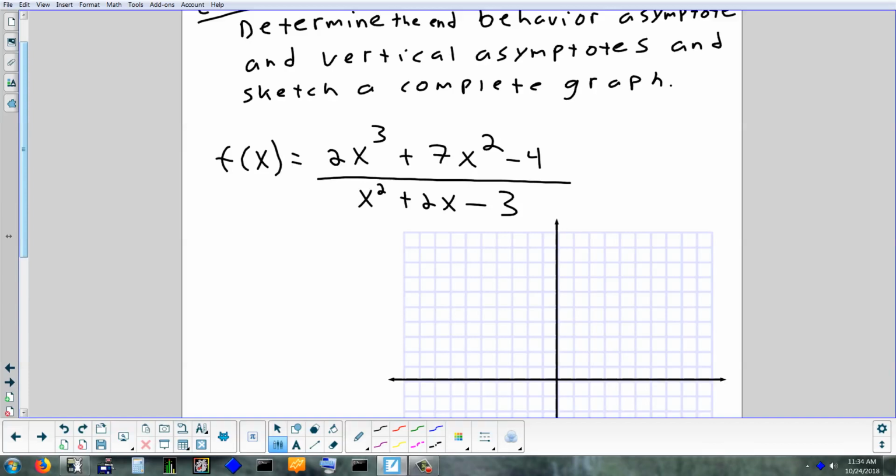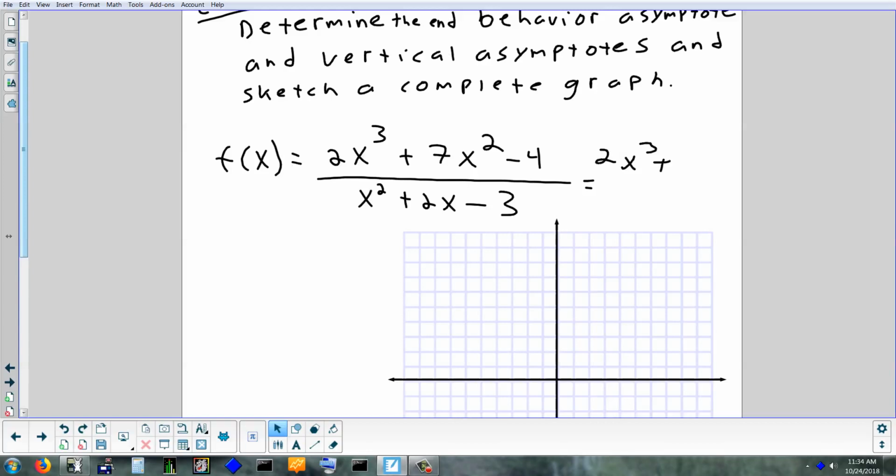All right. So let's start like we always do. We'll start off with the vertical asymptotes. What would I have to do there to make the vertical asymptotes easier to figure out? Yeah? Factor. Factor the top or the bottom? Bottom. Yep.